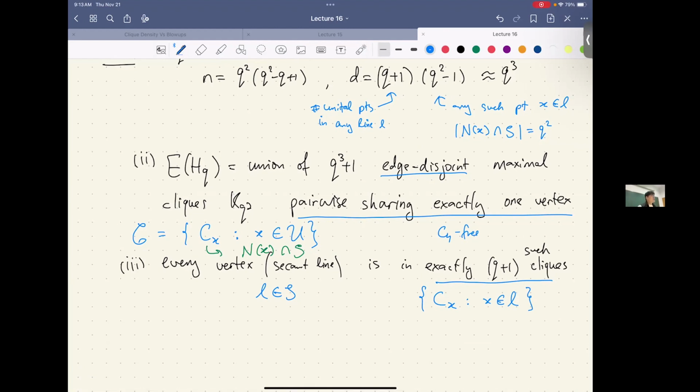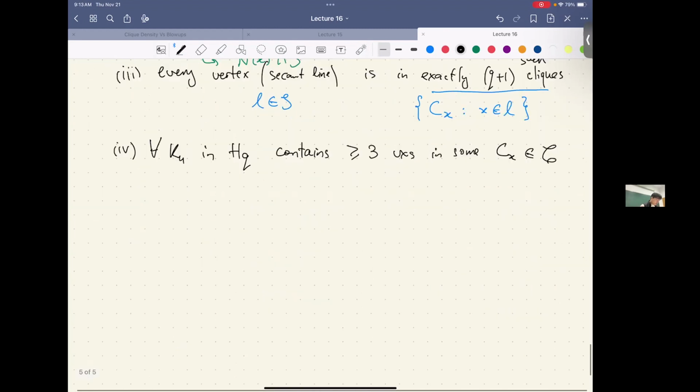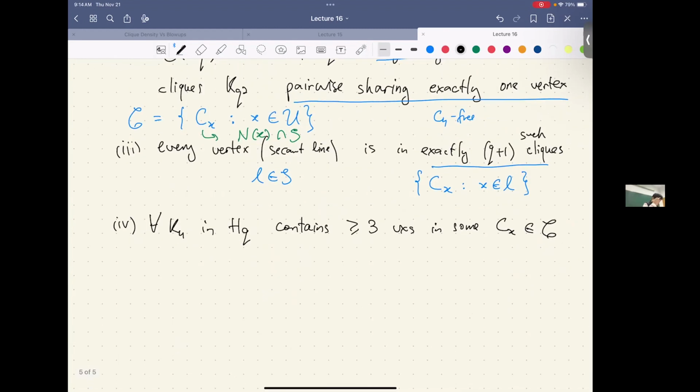Easy. The last property, which is the important property: every K4 in HQ contains at least 3 vertices in some Cx in C, one of these maximal cliques in the collection. This is also easy. Well, we assume there's no configuration. First of all, what does a clique mean?